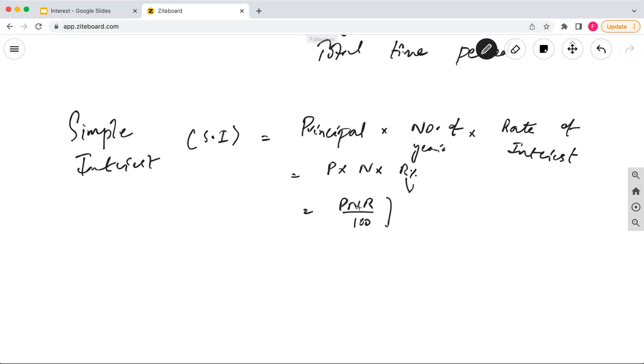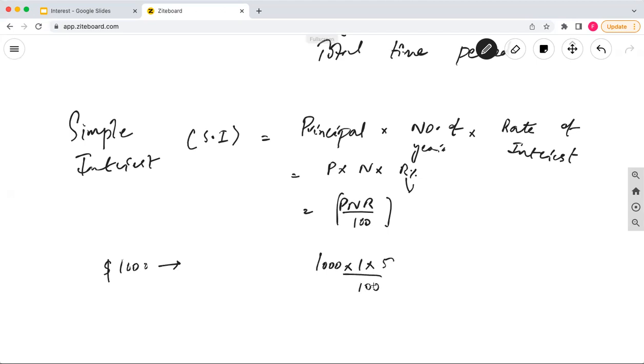For example, if a person invested $1,000 at a 5% rate of interest, what will be the simple interest on that amount after 1 year? Just based on this formula, the principal amount is 1,000, the number of years is 1, and the rate of interest is 5%.